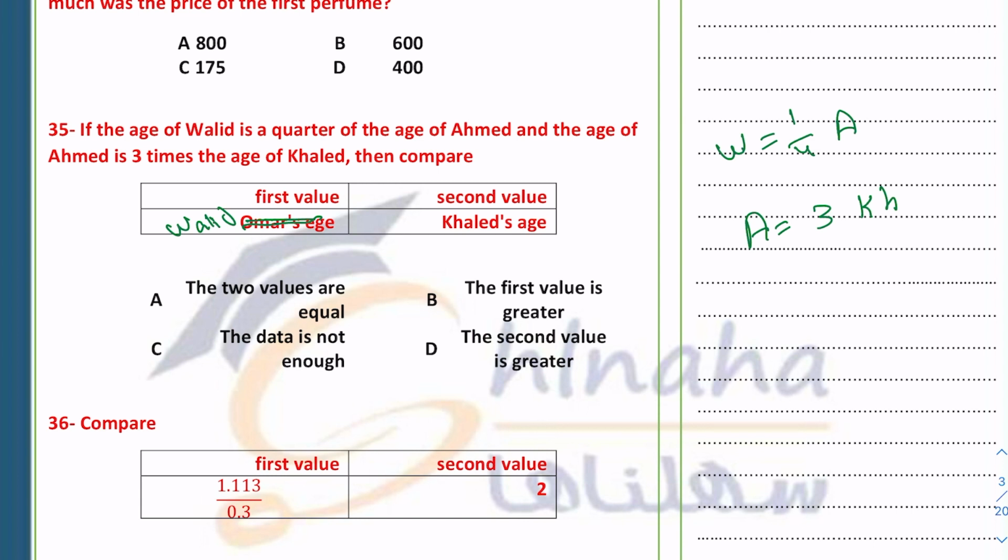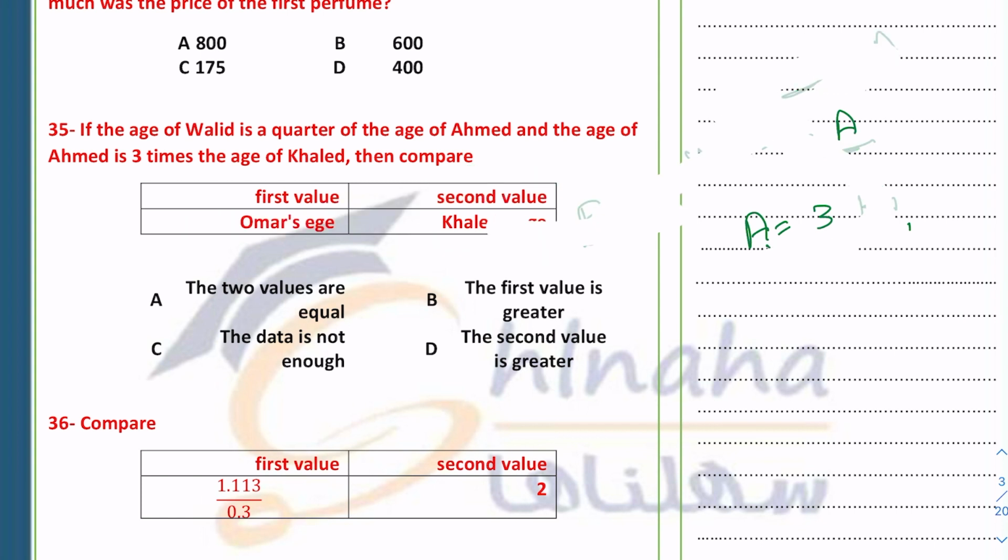Of course, Walid is a quarter of Ahmed and Ahmed is 3 times Khalid. So now I can multiply here by 4 and multiply here by 4. So Ahmed is 4 times Walid. If Ahmed equals 3 times Khalid and Ahmed equals 4 times Walid, so Khalid is more. I will choose B.